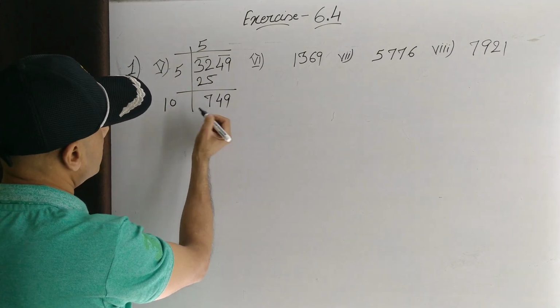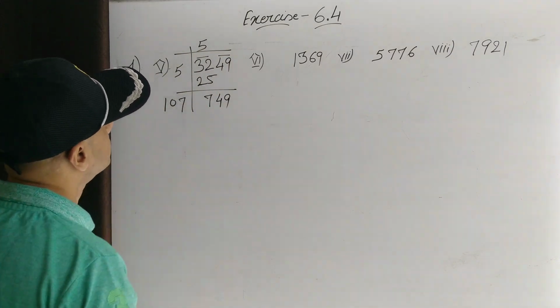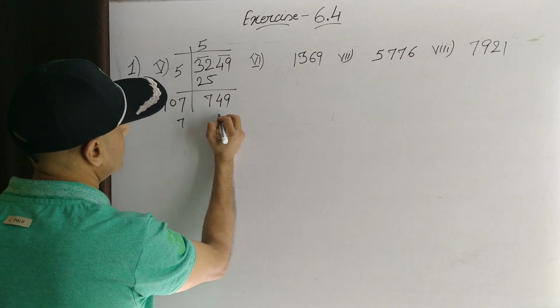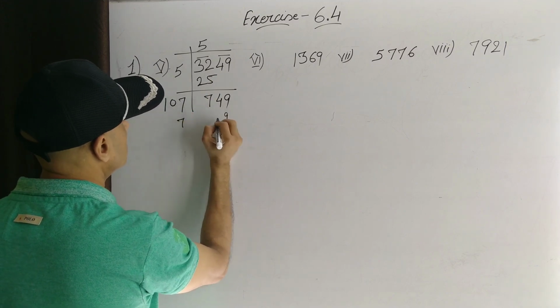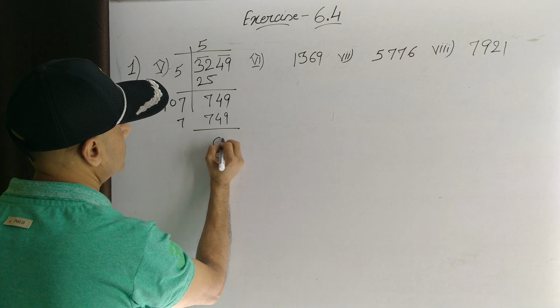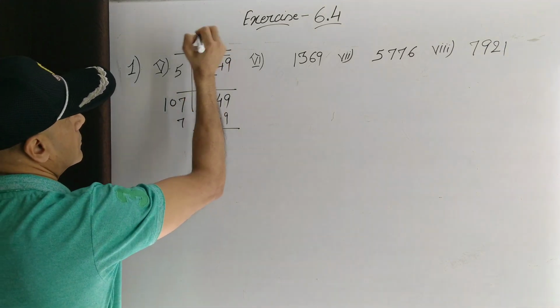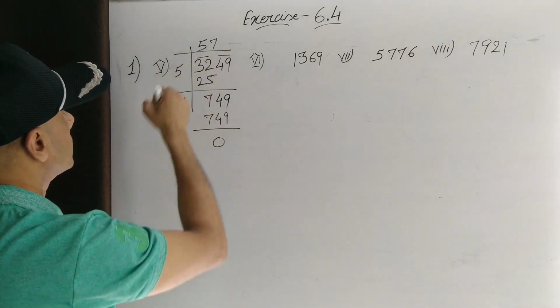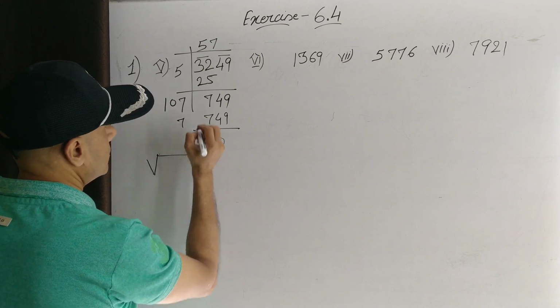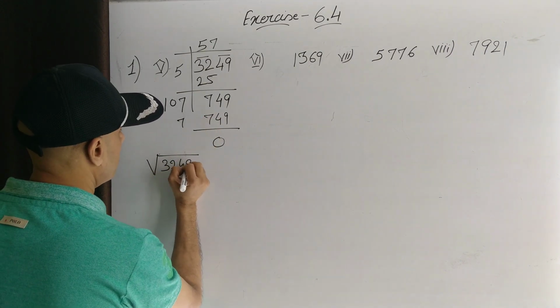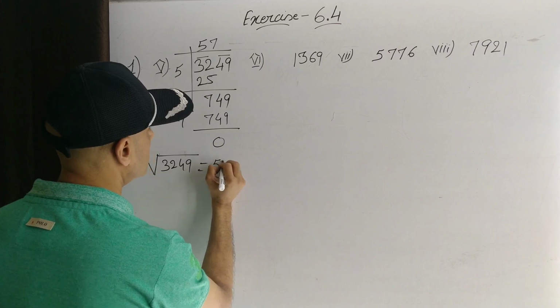We can take 9, or 7 into 7, 49, we'll take 7 here. So 7 into 7, 49, and we get remainder as 0. So the right hand component of the new quotient will be 7, and the square root of this number will be equal to 57.